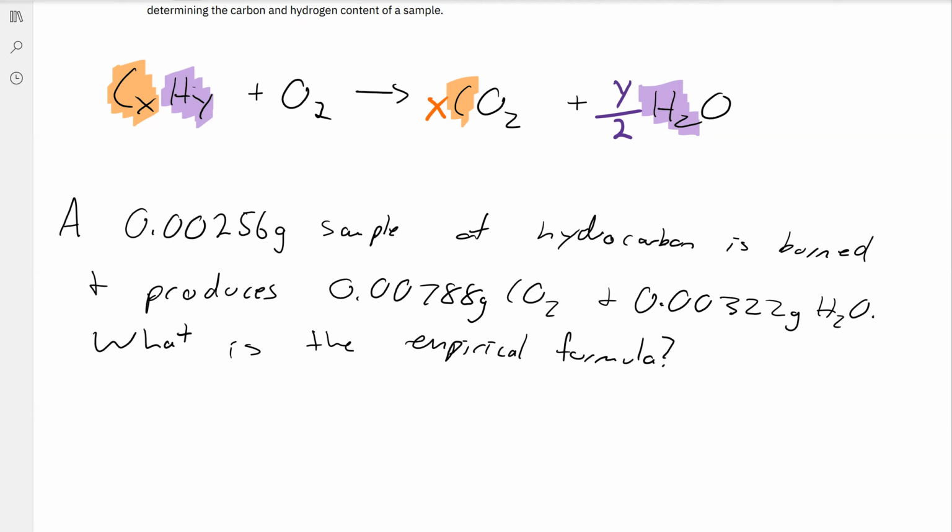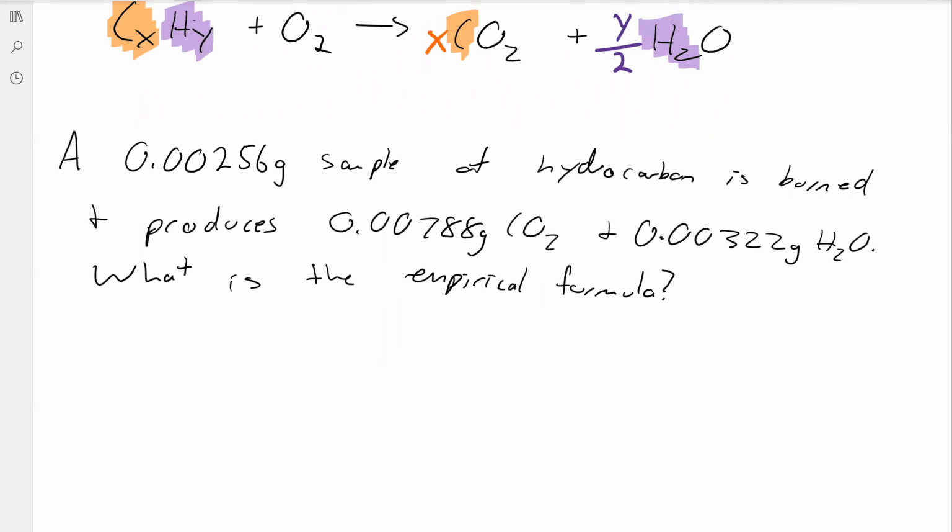Right, so in this case, we're asked for the empirical formula. How many carbons, how many hydrogens, what's the ratio there? We did these types of questions previously, so we're going to use similar techniques. Let's focus on the carbon first. We know this is how much CO2 we form, 0.00788 grams of CO2.